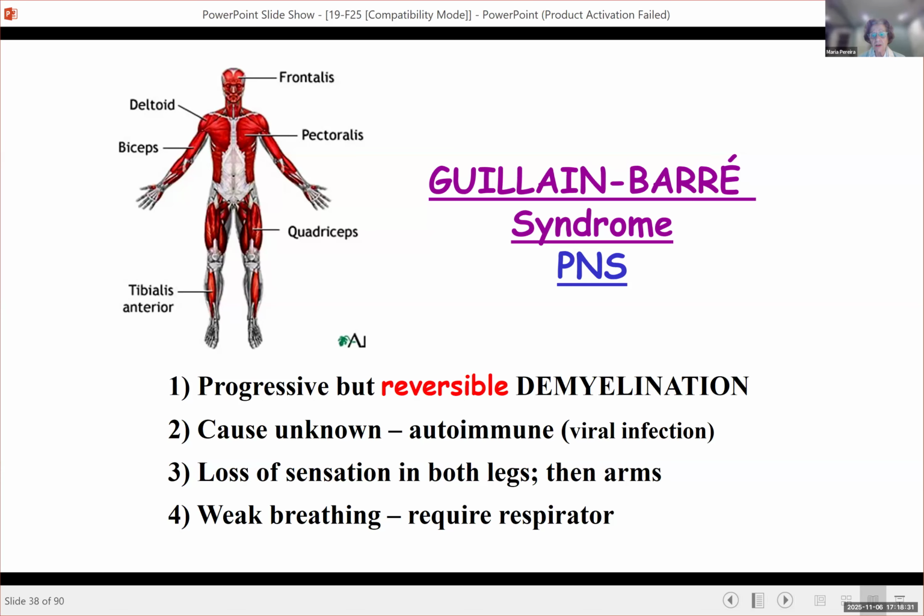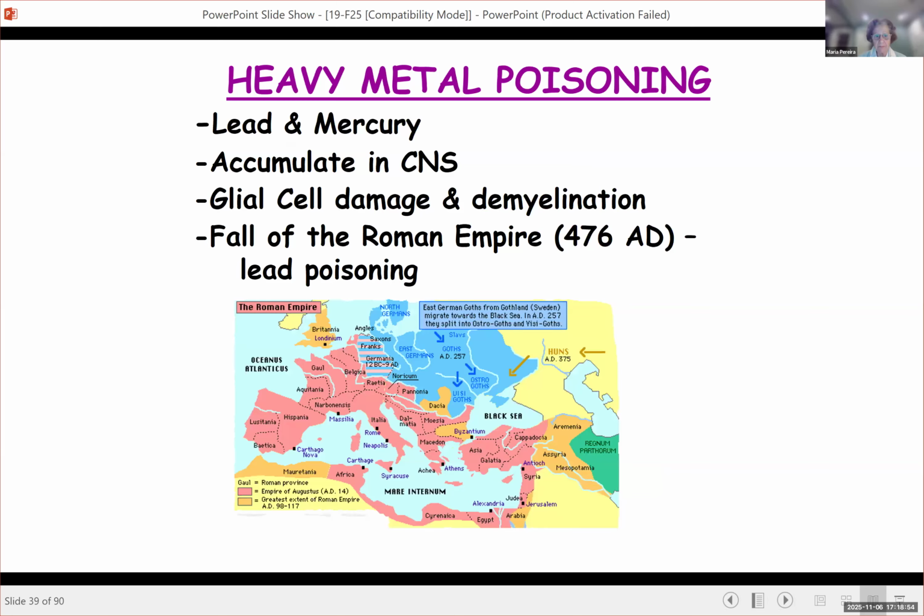And here it is known as Guillain-Barré syndrome. And here this demyelination is reversible because it's in the peripheral nervous system. It involves Schwann cells, and the Schwann cells are very nurturing and they can replicate, and there's no scar being formed. So this condition here is reversible.